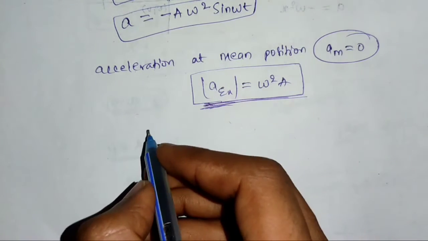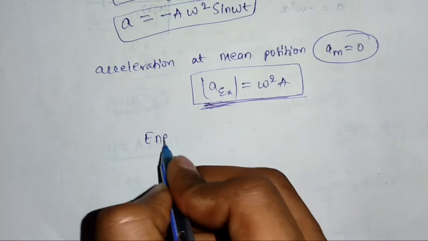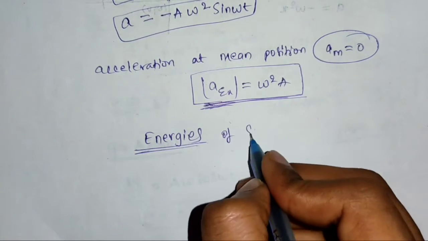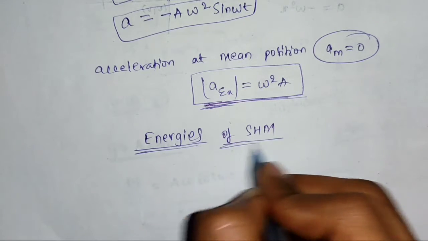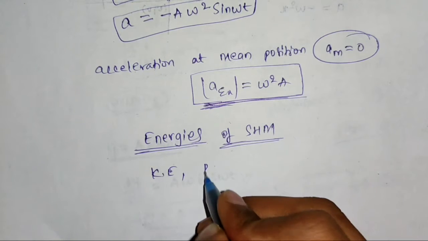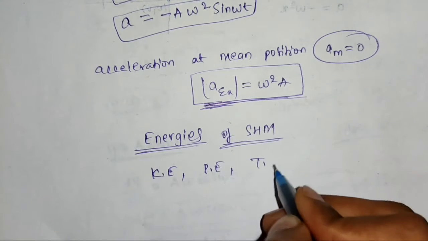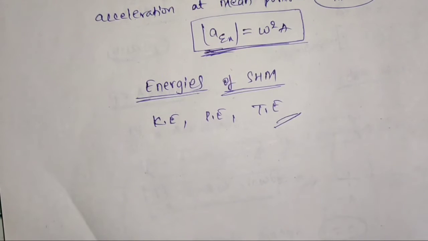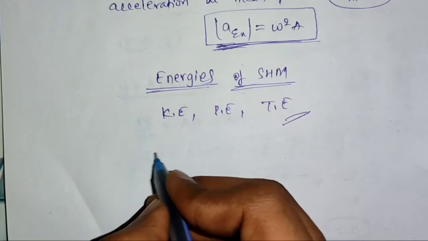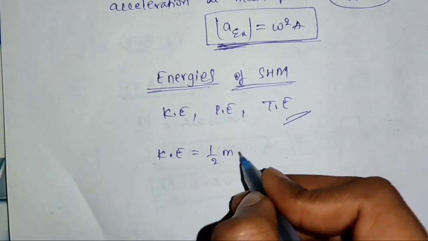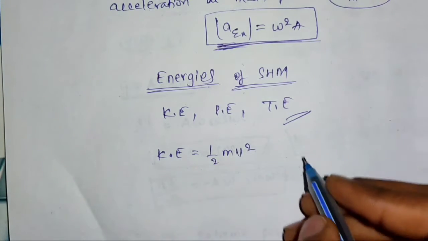the energies of SHM, that is kinetic energy, potential energy and total energy. We know kinetic energy is equal to ½mv².